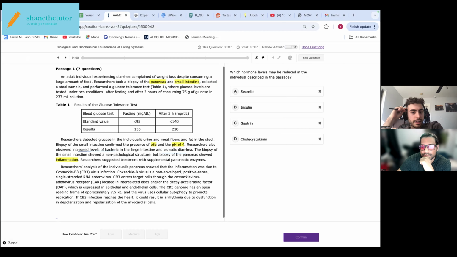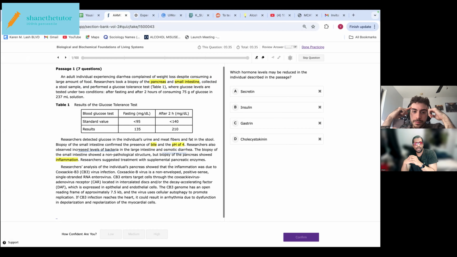The small intestine has the jejunum and the ileum. The most important one, though, would be the duodenum, right? Duodenum, yeah. That's the first 20% of it.